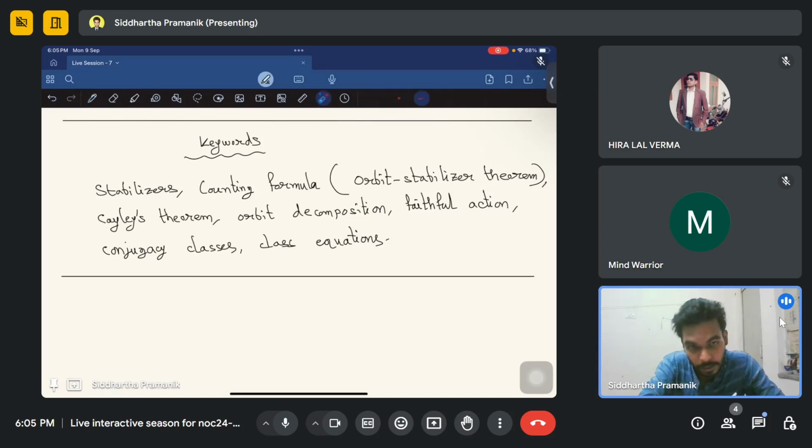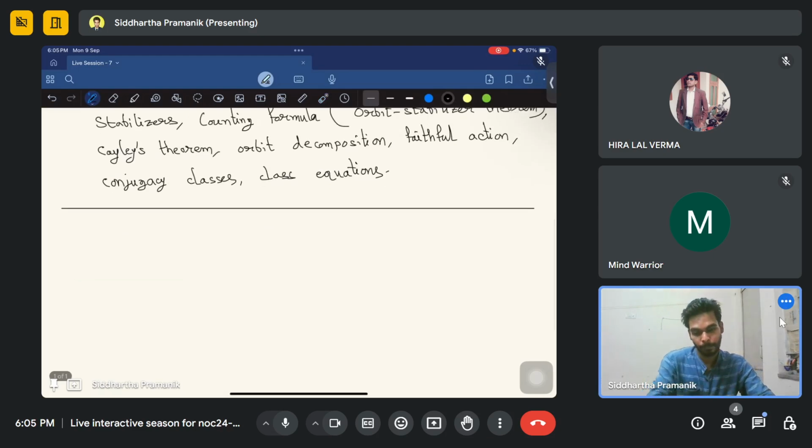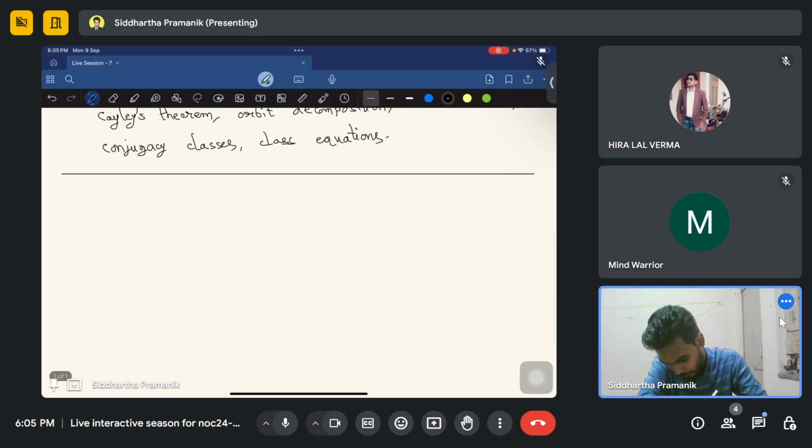So first let's start with some examples of stabilizers. Then we will move on to other problems.